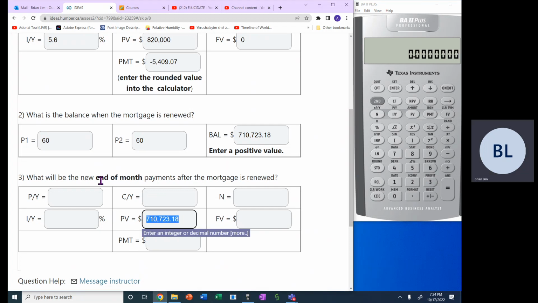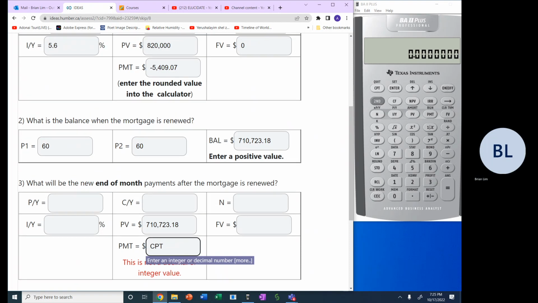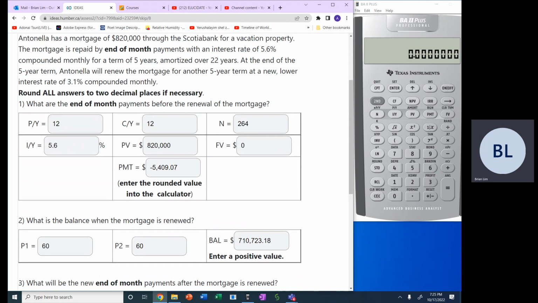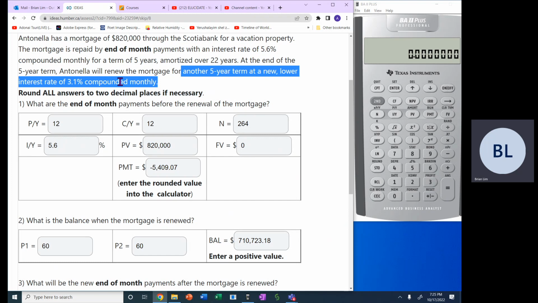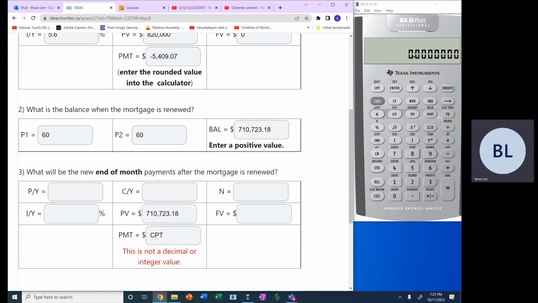All right, now the new end of month payment. So we are again computing the payment. And if we go back up, it says it's another 5-year term at a new lower rate of 3.1% compounded monthly. Okay, so let's assume the payments are monthly, right?